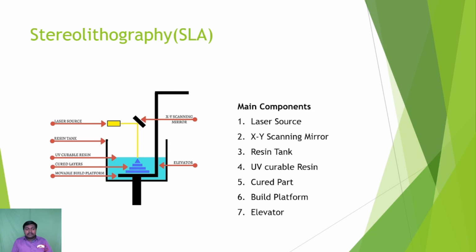First step, we are modeling our part in SolidWorks or any other 3D modeling software, and we are sending it to the 3D printer. During that, the stereolithography apparatus sends the laser source to the XY scanning mirror, and it will focus on the UV curable resin, and that particular resin is heated and forms the first layer. It is mentioned in blue color, we can see in the slide.